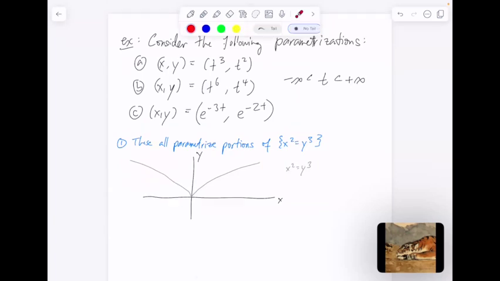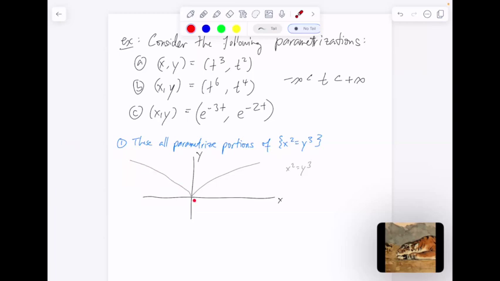So in this case, right, let's say the region of parameterization for t at least is from minus infinity to plus infinity. So in A, it should cover this entire curve, right? As t tends to minus infinity, you see that x is equal to t cubed, right? So t is from minus infinity, you're starting way off over here somewhere.